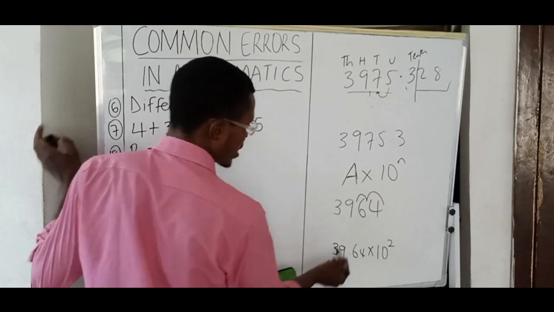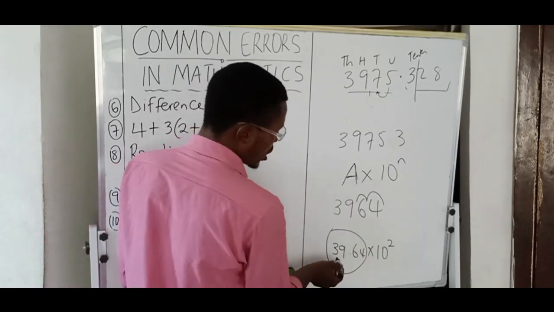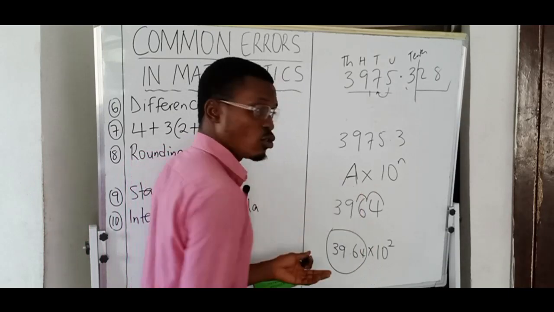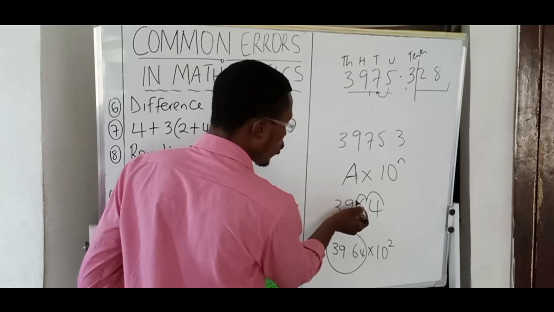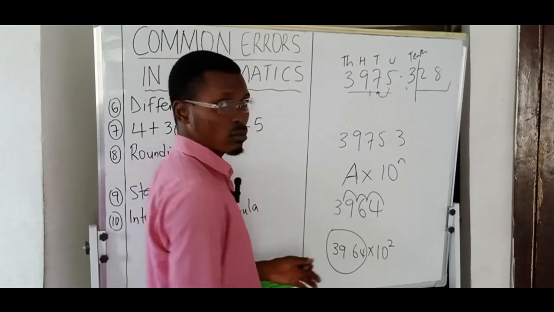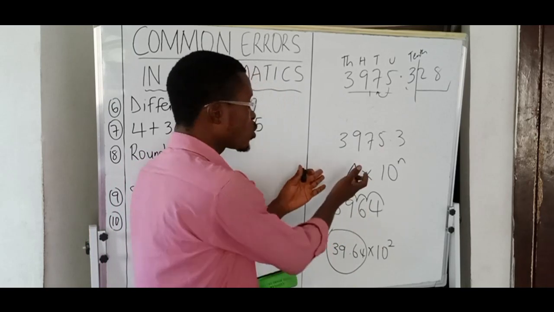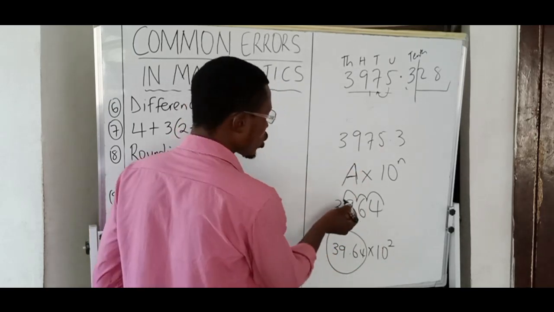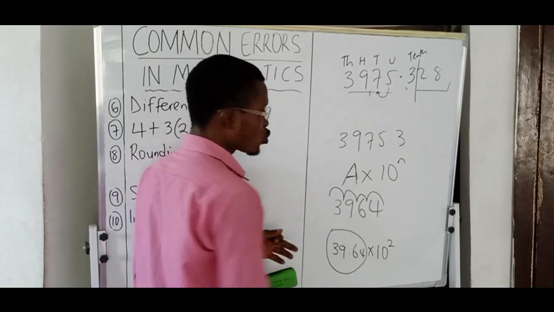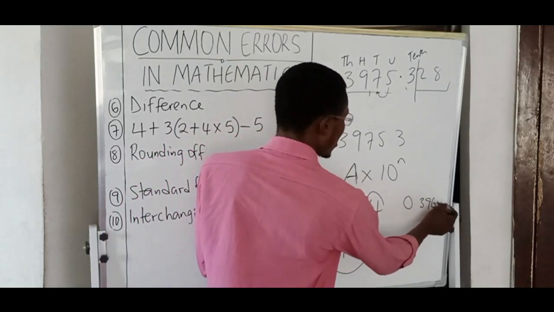Now look at this. This is assumed to be our A. If you compare with the general form, is this number between 1 and 10? No. You're having 39.64, it's still bigger than 10. So you have to go backward once again, so that you have 3.964, which is between 1 and 10. Some students also tend to go a bit further backward to have 0.3964.